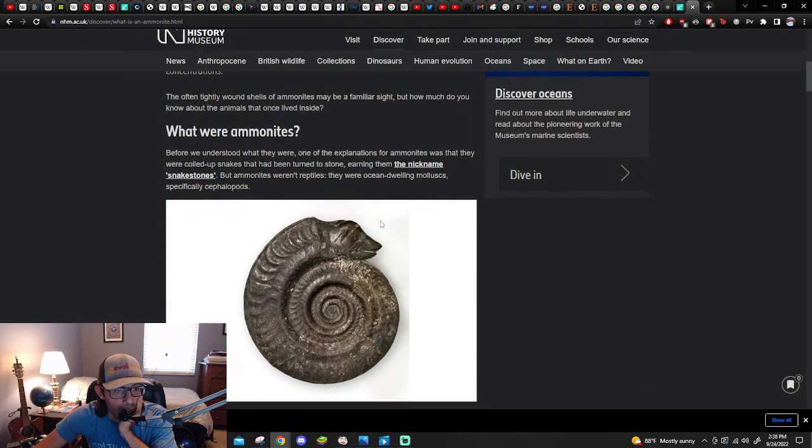Oh my god. Oh, it looks like a snake. If you look at it from that angle where it's not a fossil, but just energy flows that naturally did this, and then it has a snake head too in this one.